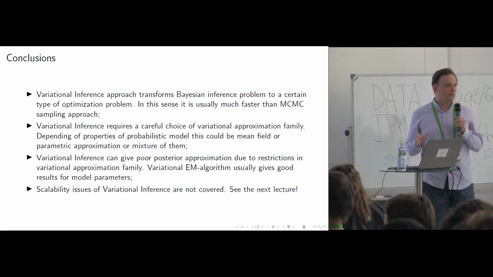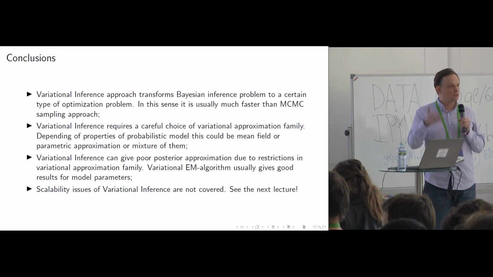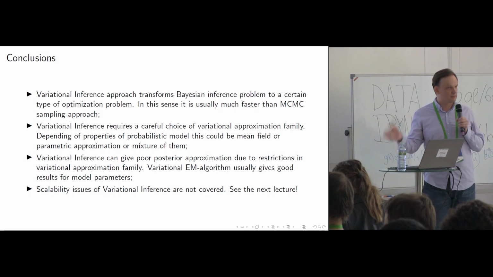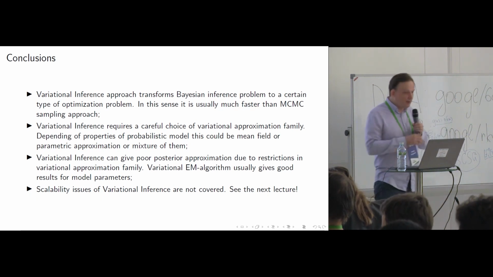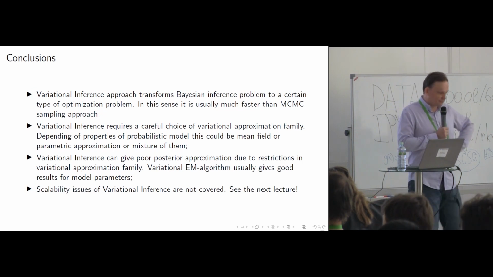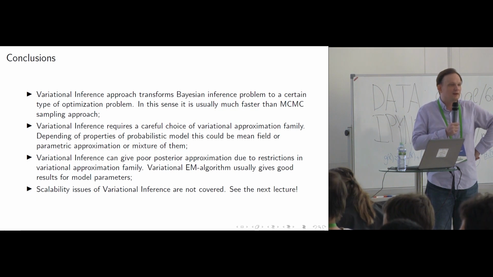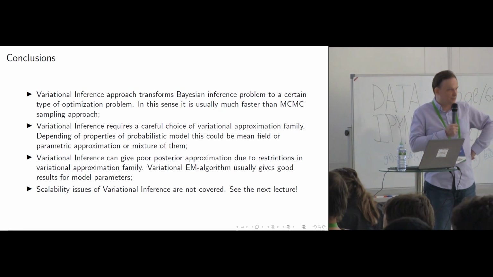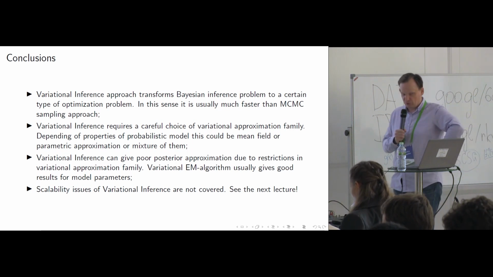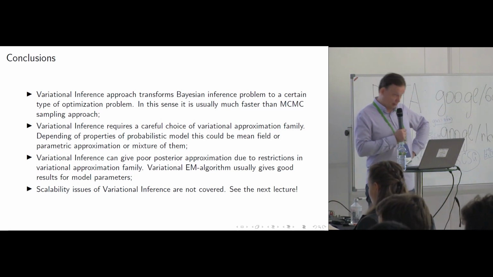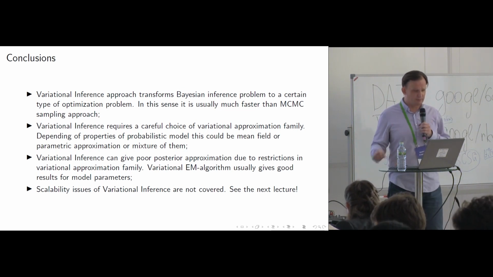In this scheme, we transform the Bayesian inference problem into just an optimization problem, a certain class of optimization problem. And solving an optimization problem is usually much faster than generating samples from a distribution. So the variational inference approach usually works very fast, okay? At least compared to other approaches like MCMC.